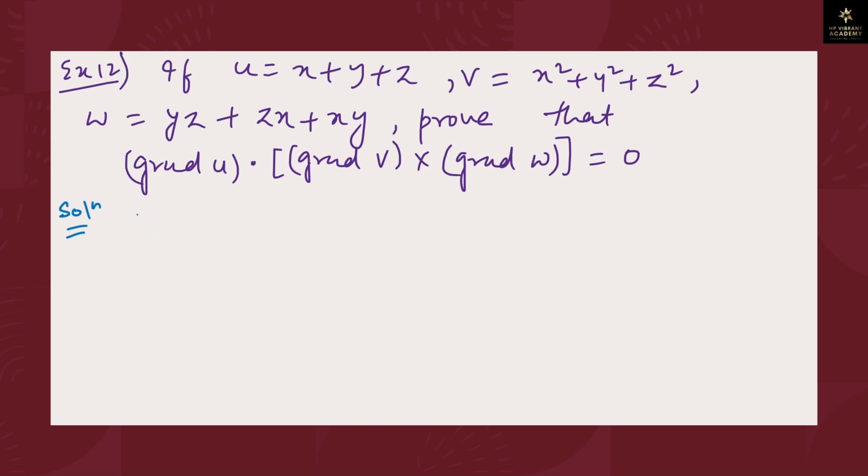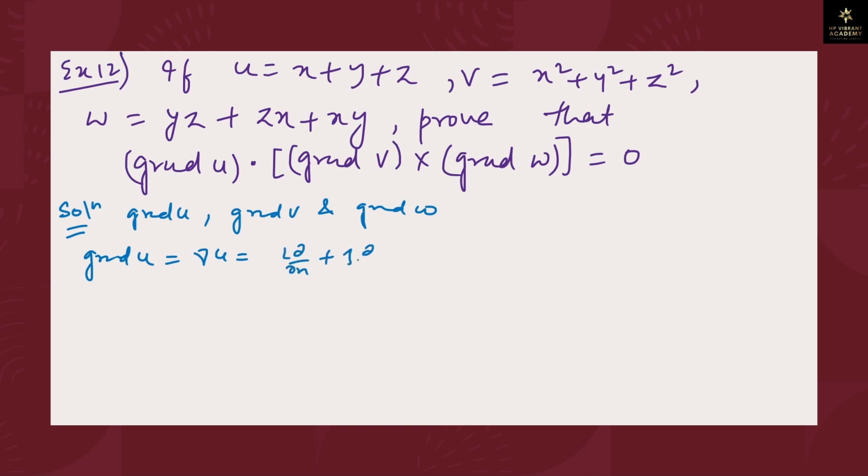So let us find the gradient of u, gradient of v, and gradient of w. Del of u is equal to i del upon del x plus j del upon del y plus k del upon del z of x plus y plus z, so this is equal to i cap plus j cap plus k cap.